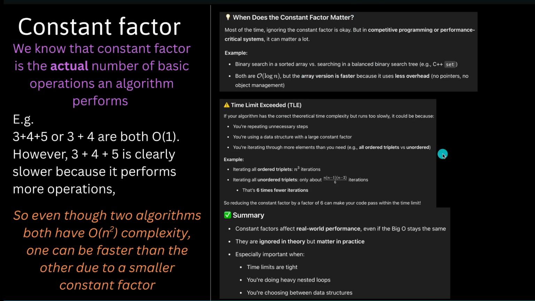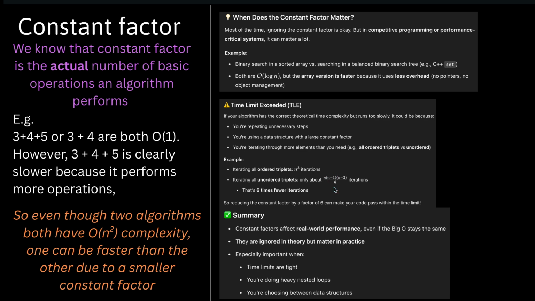We must pay attention to constant factor when our code hits time limit exceeded.